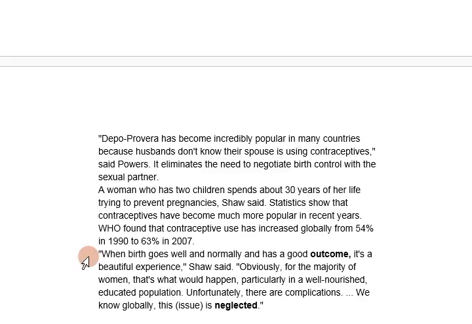When birth goes well and normally and has a good outcome, it's a beautiful experience, Shaw said. Obviously, for the majority of women, that's what would happen, particularly in a well-nourished, educated population. Unfortunately, there are complications. We know globally this issue is neglected.